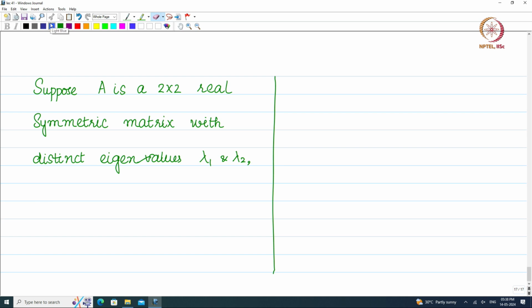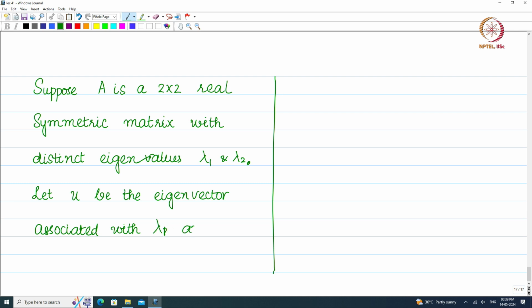A is a 2 by 2 real symmetric matrix with distinct eigenvalues lambda 1 and lambda 2, and let us say u be the eigenvector associated with lambda 1 and V be the eigenvector associated with lambda 2.